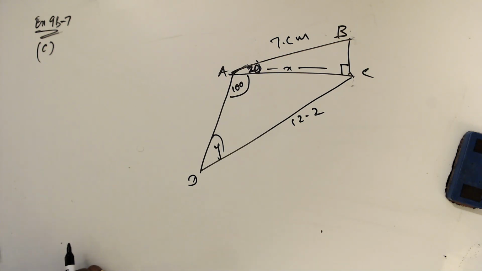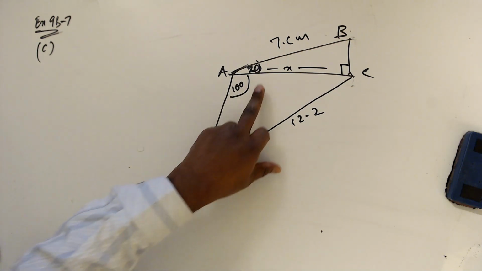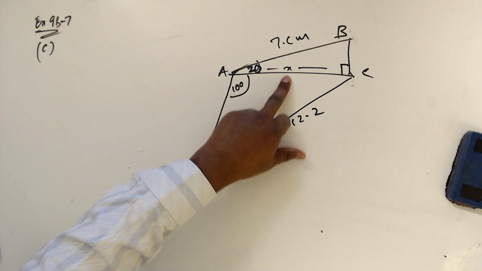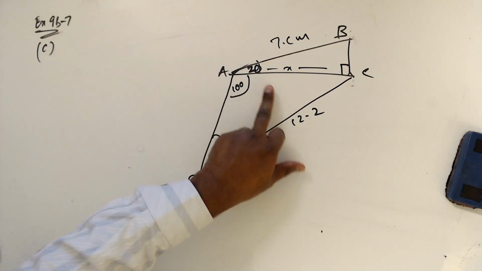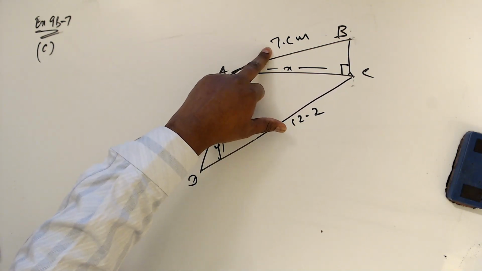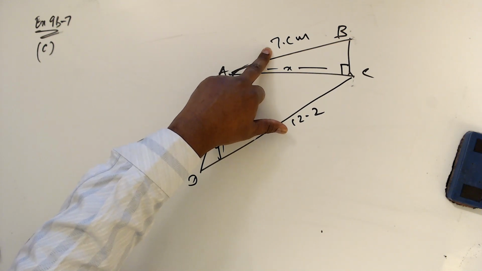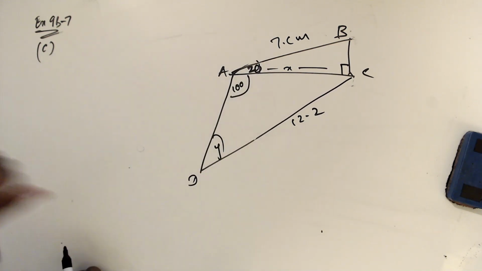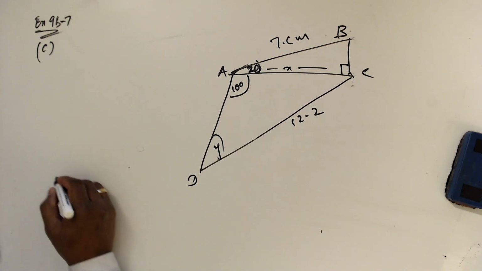In this case, sine, cos, tan theory is going to come. Pythagoras is there. If it is a right angle, now I know this angle, adjacent, and this is the hypotenuse. Then I can write sine 20 equals x over 7 centimeters, and then I can find x. So that is a good approach.